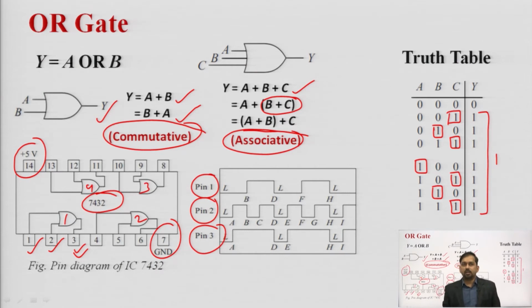So we can say that the enable for the OR gate is basically 0, and the enable for the AND gate is 1, because if we provide 1 at any input of the OR gate, then the output will definitely be 1, irrespective of the second input. The second input can take any value but the output will be fixed to 1. That means the gate is disabled, the gate is not working properly.